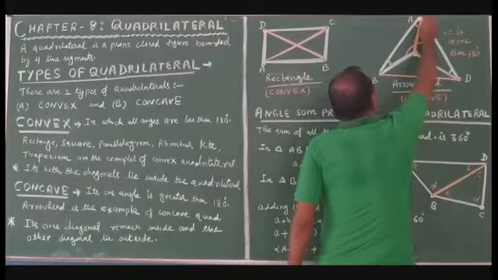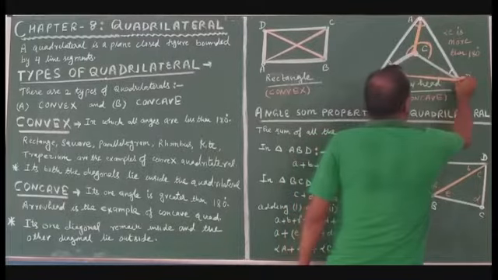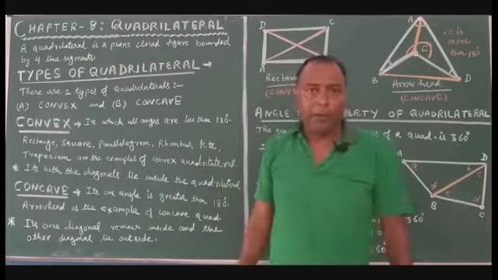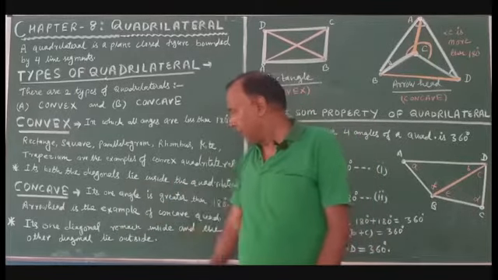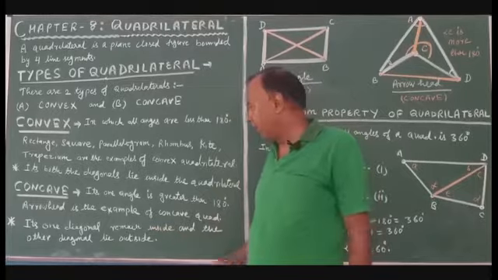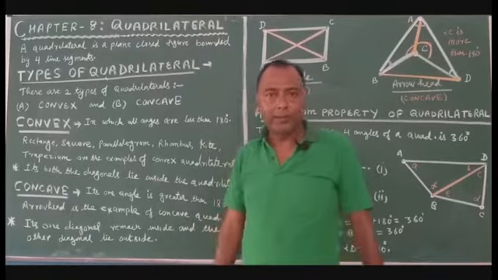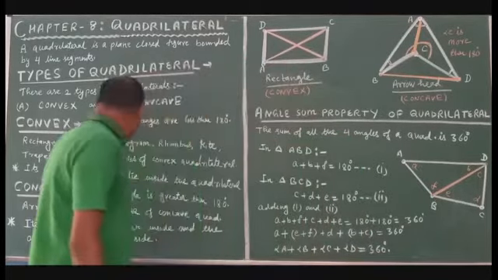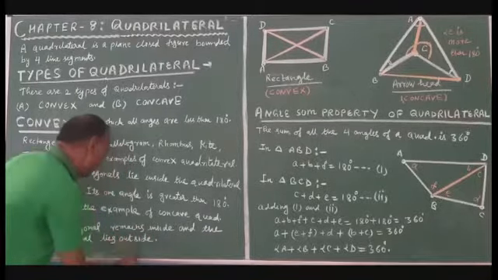One diagonal is inside and one diagonal is outside the quadrilateral. So this is the main property of a concave quadrilateral: one diagonal remains inside and the other lies outside the quadrilateral.